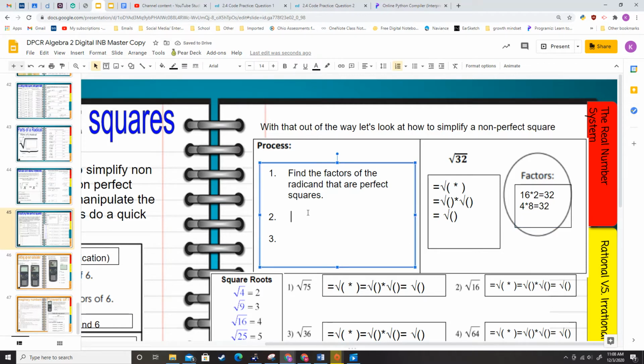All right. Next, I am going to choose the largest perfect square factor, and I'm going to use it to rewrite the radicand as a product of that perfect square and another factor.